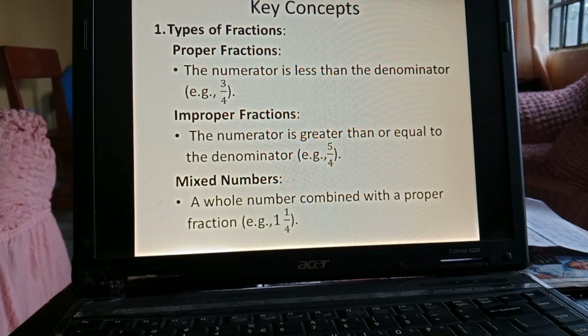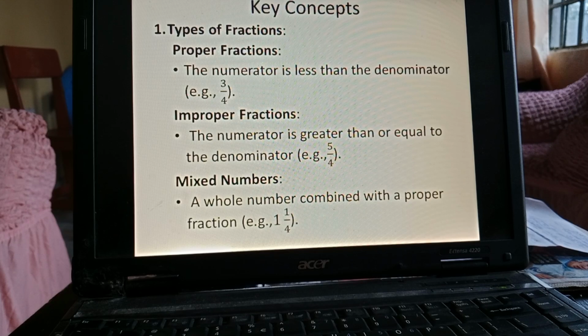The key concepts in this topic: types of fractions. We have, I think, about 4 types of fractions. We have proper fractions, improper fractions, mixed numbers, and equivalent fractions.